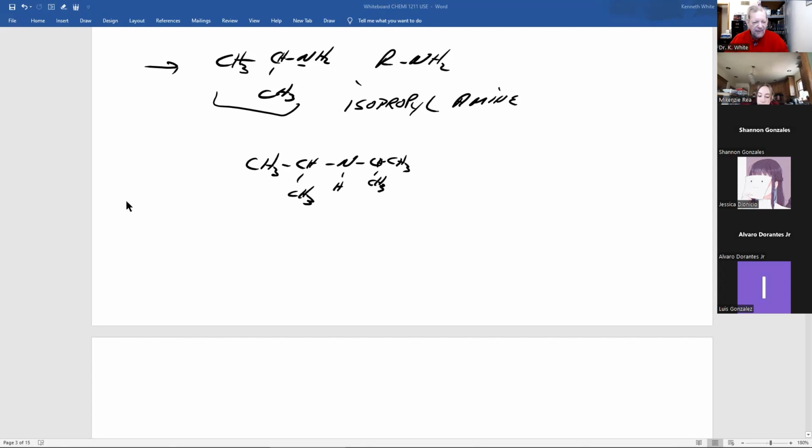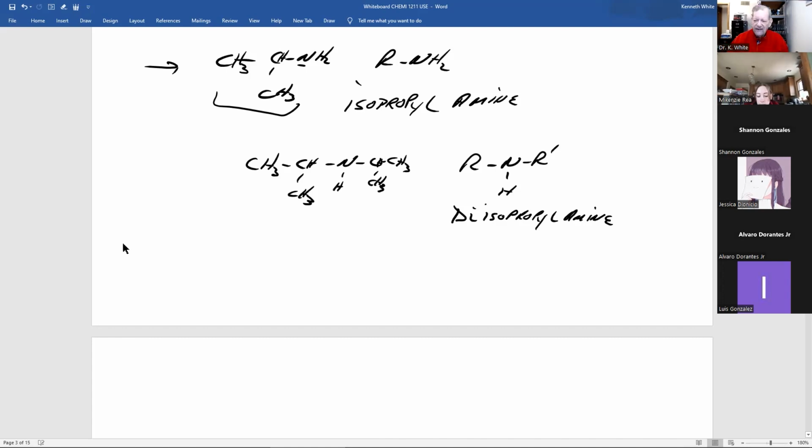And how do you name the common name for this? Well, what are the 2 R groups? This is a secondary amine. And in this case, R and R prime are the same. So this is diisopropylamine. And I used a lot of diisopropylamine in graduate school for my research.